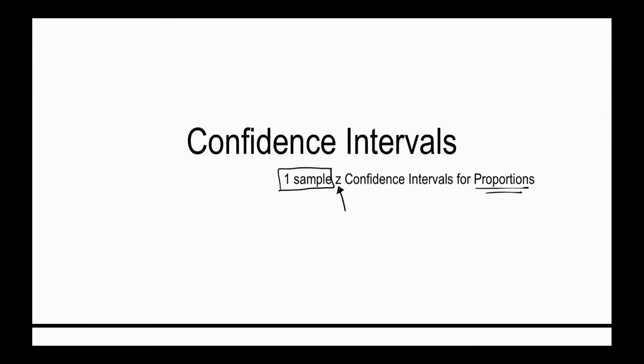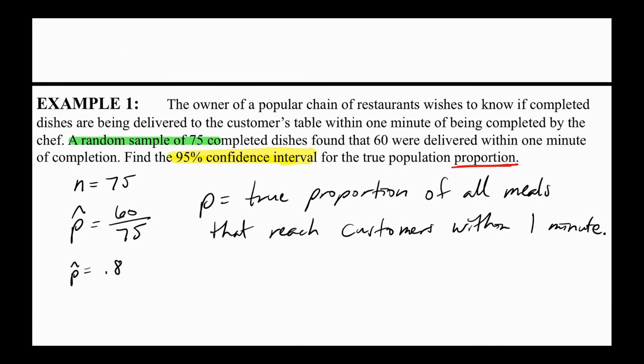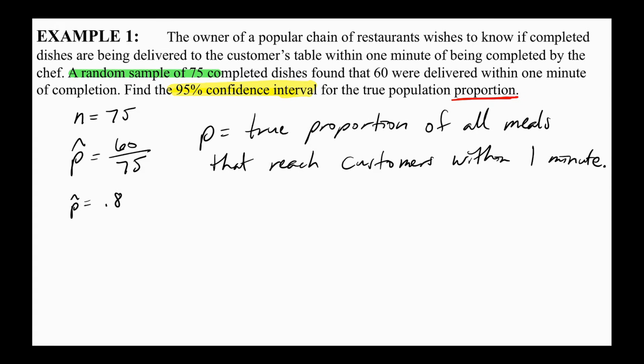Okay, so here are the parts of the confidence interval that we did yesterday. Just to repeat the question, what is the answer we want to find? Well, the owner of a popular chain of restaurants wants to know if meals are getting to the customer within a minute.